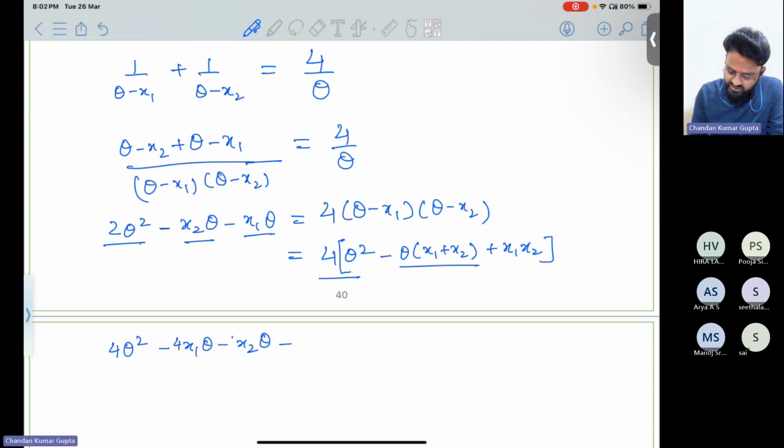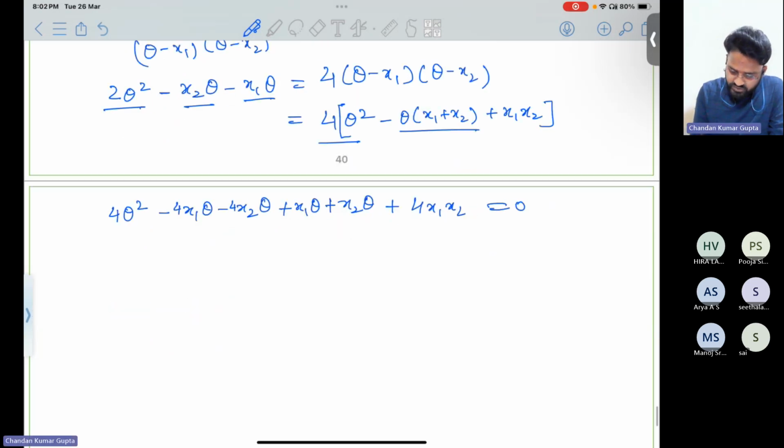There is 4 actually, sorry. 4 times of this: 4 times x1 theta, 4 times x2 theta, plus x1 theta, plus x2 theta, and then plus 4 x1 x2. Now it is correct.